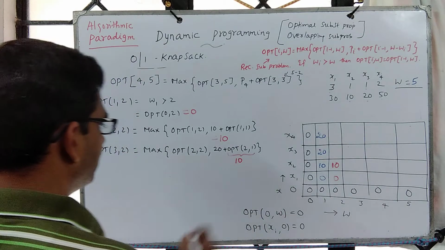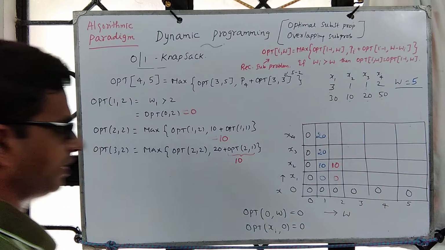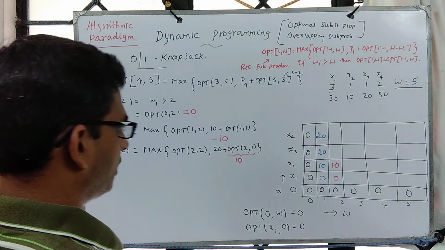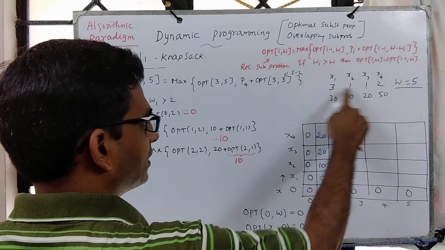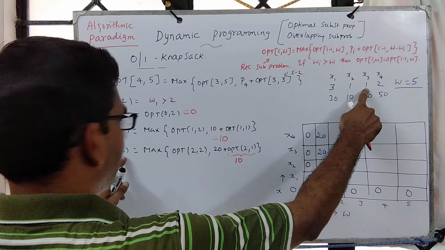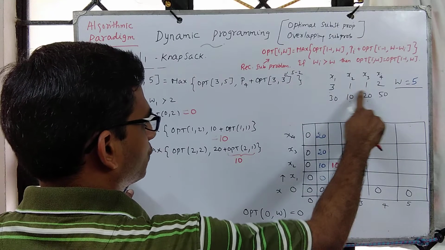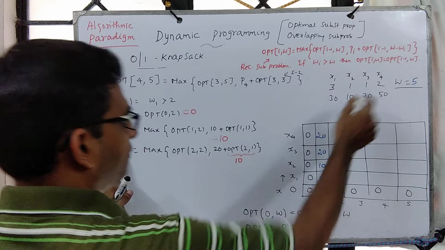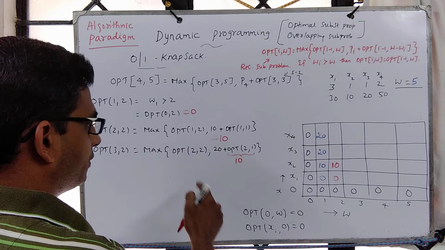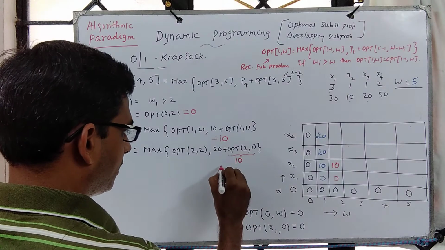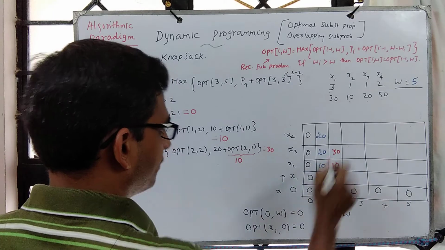So what this says is 2 comma 2 is also 10, and what this says is if you work with first three objects, local capacity being 2, then we can consider including these two and get a profit of 30. And so we see that this one is 30, so we get a profit of 30 over here.